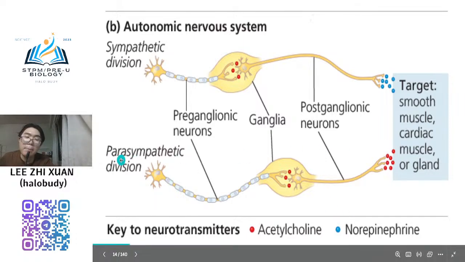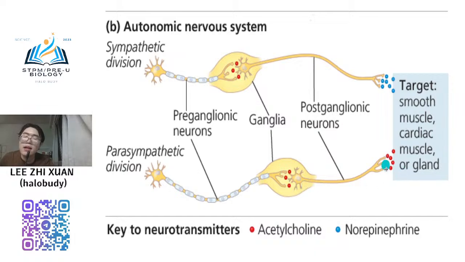And then parasympathetic will release acetylcholine. So this is the second difference. Very important. The first difference is the length between the pre-ganglionic and post-ganglionic neuron. The second difference is the neurotransmitter that is released at the final terminal, at the post-ganglionic neuron.